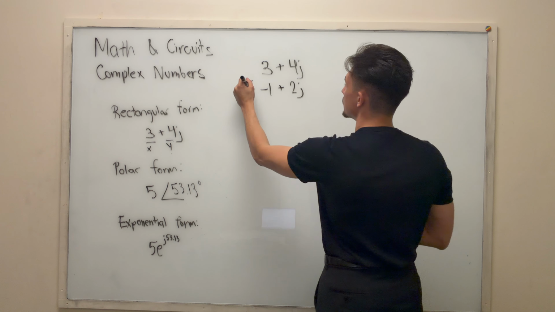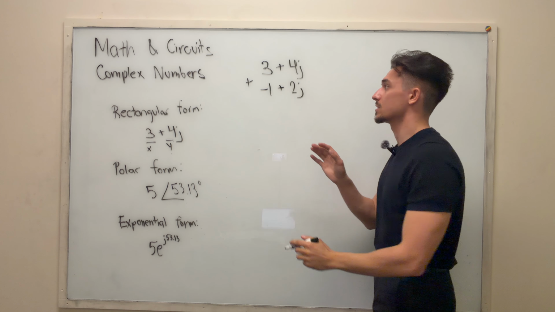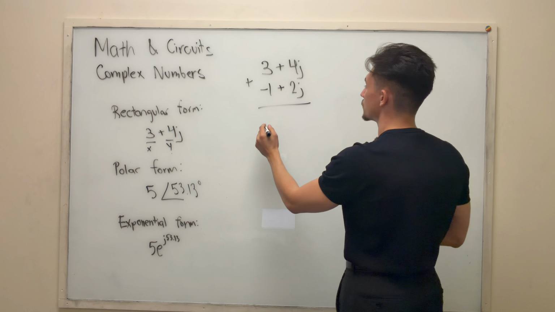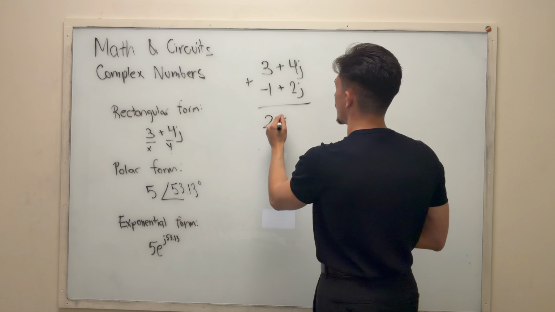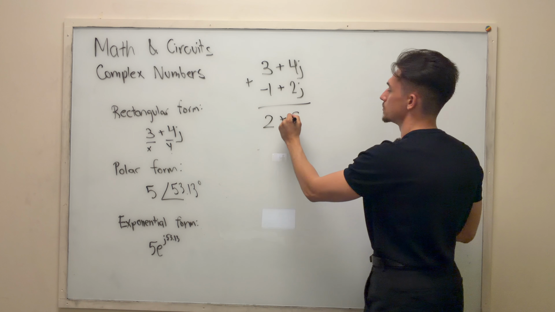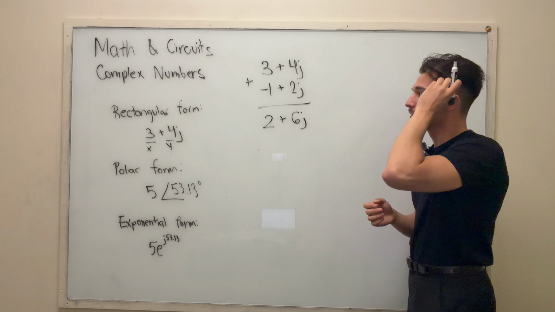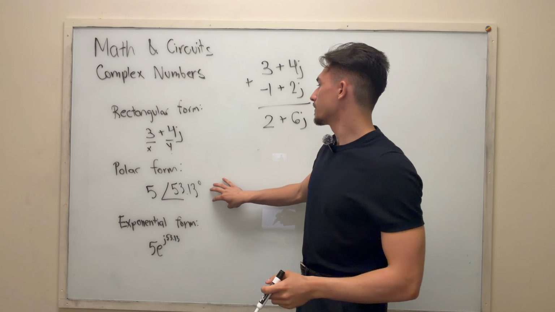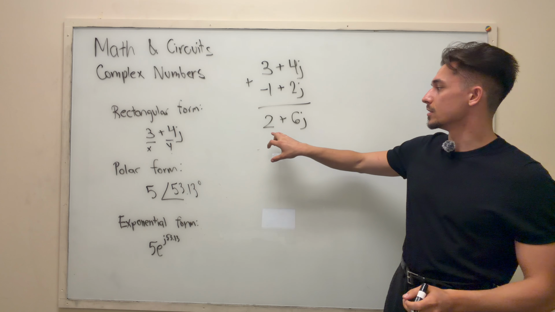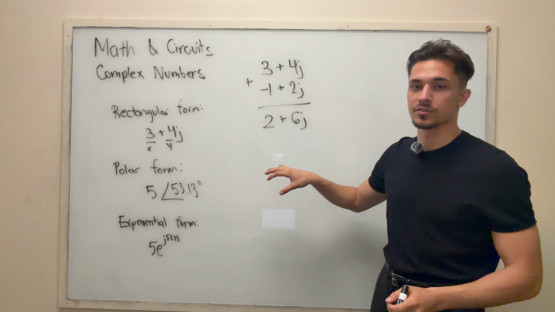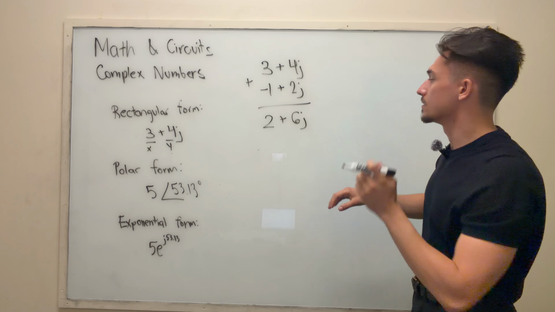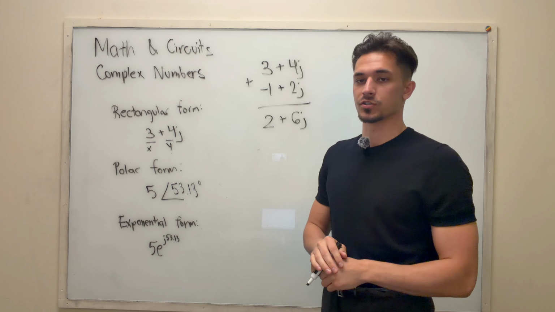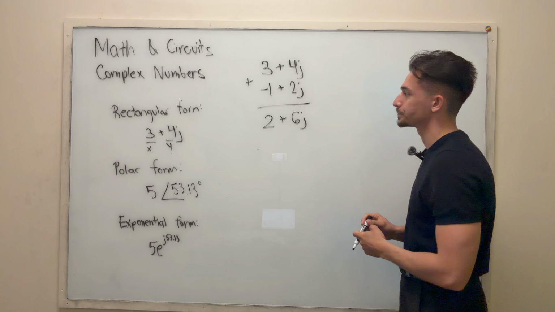If I were to add these two rectangular forms, you just do it how you typically do it. You just do 3 minus 1, which gives you 2, and then 4 plus 2, which gives you 6j. And it's the same thing if I were to convert this to polar form. You would first do 2 squared plus 6 squared, take the square root of that, and then take the inverse tangent of 6 over 2, and that would give you the angle and the direction you'll be facing to get to your coordinate.